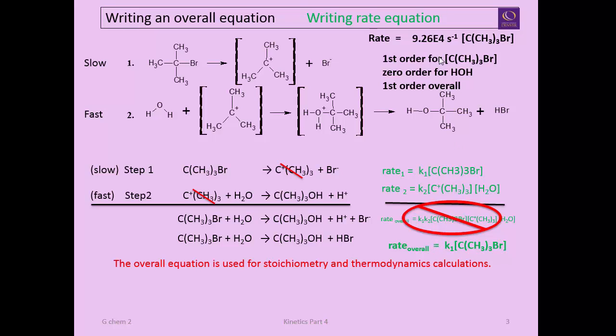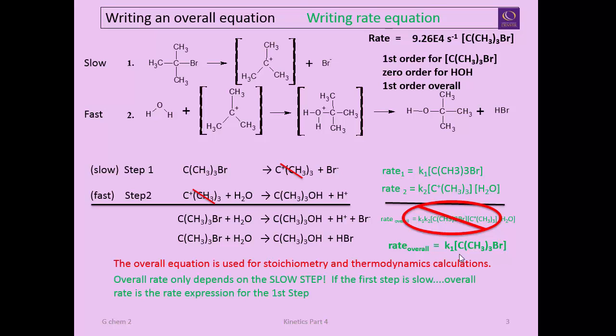Okay, so the rate overall, just like I've shown you up here, depends on the slow step. And that's the real take-home here. If the first step is slow, overall rate is the rate expression for the first step. Another guidepost, something else to think about when you write these overall rate expressions. And that is, you will not put reagents in here that are, as we've learned, intermediates, or transition states.